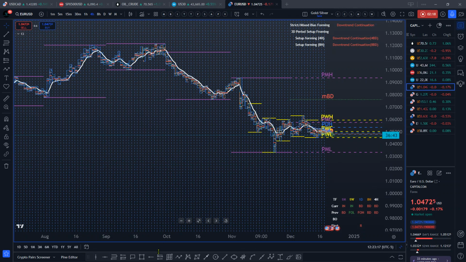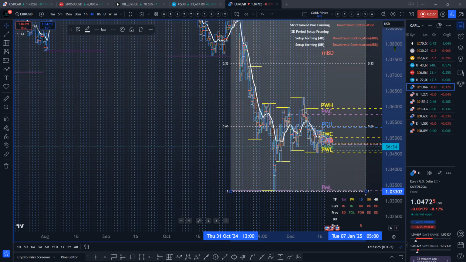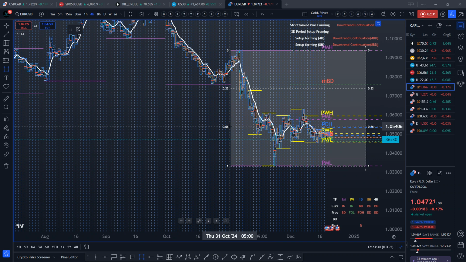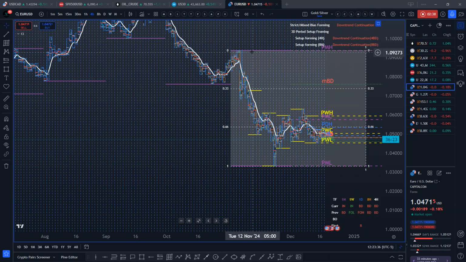We've stayed in the lower third of that box, or we're just nestled above it. No, we're still below it. So we're in the lower third of this box, right? The range of last month, and that's bearish.